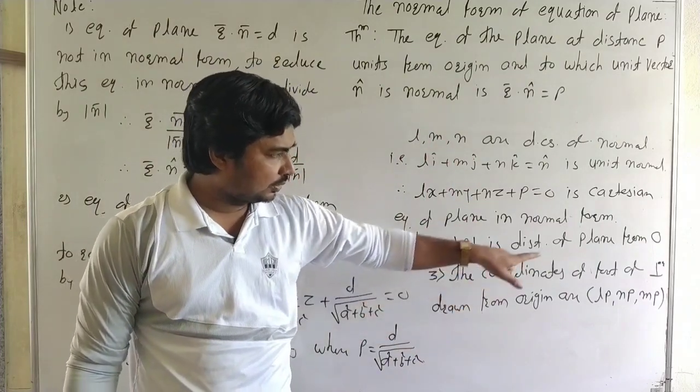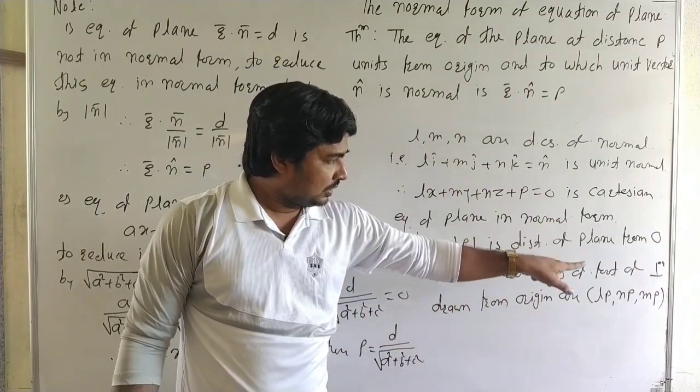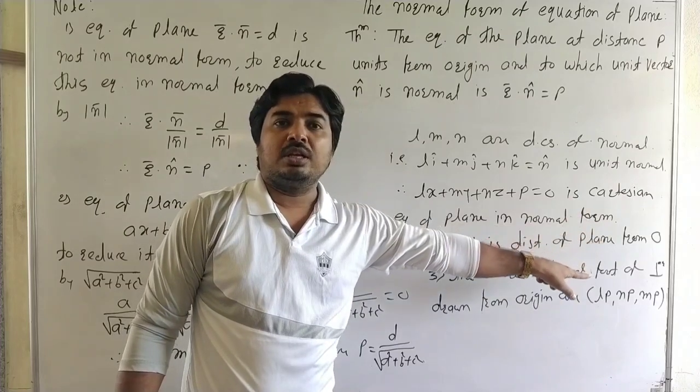Then the coordinates of the foot of perpendicular are lp, mp, np.